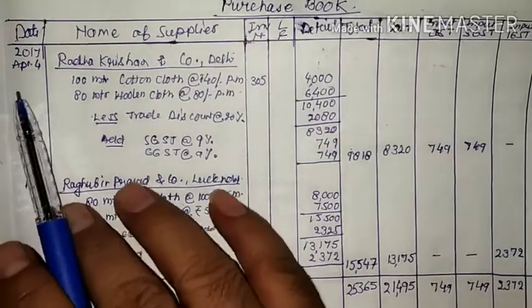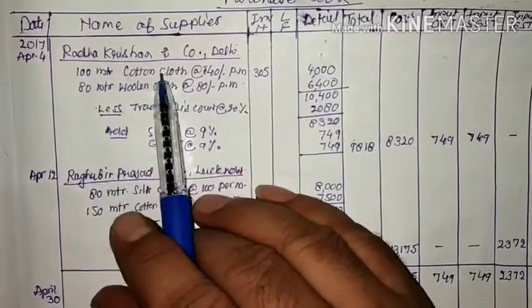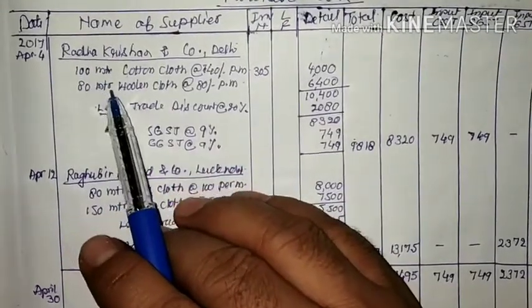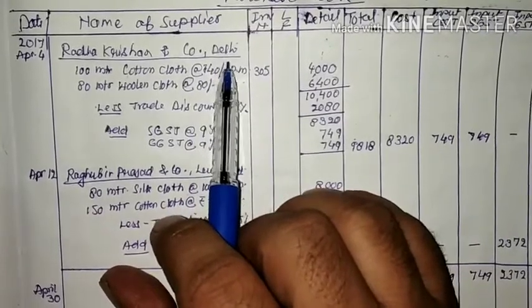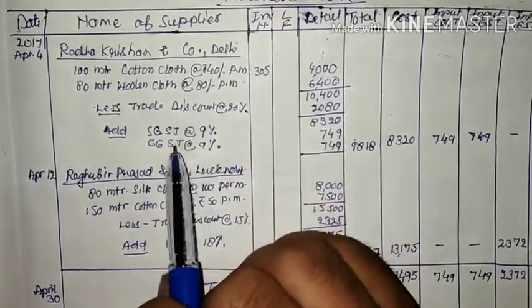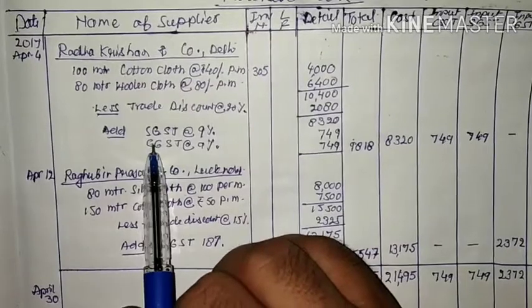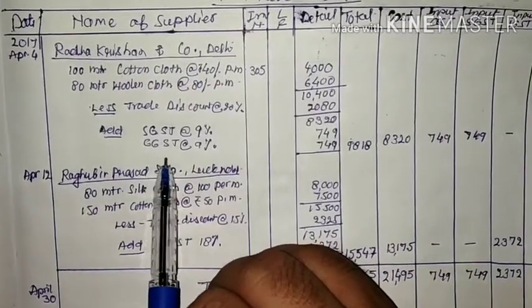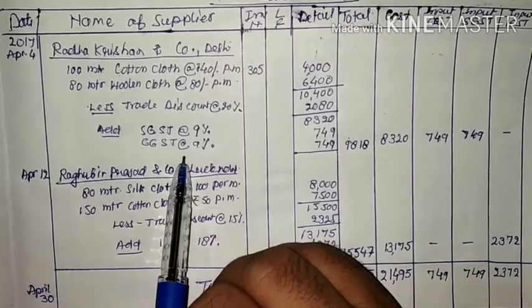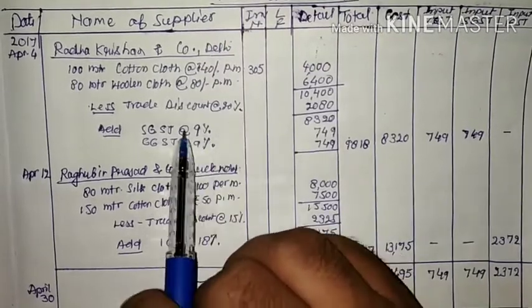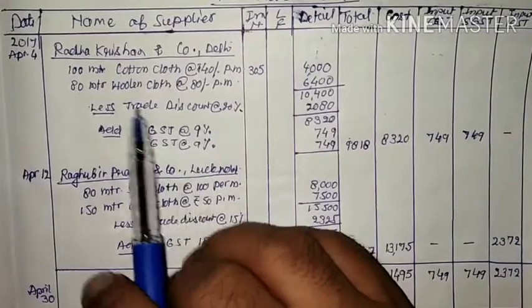So 2017, purchased from Radhakrishna and Company, Delhi. That is a local purchase. So here SGST, state GST and central GST both will be collected, and GST is 18%, it will be divided into 9% each.